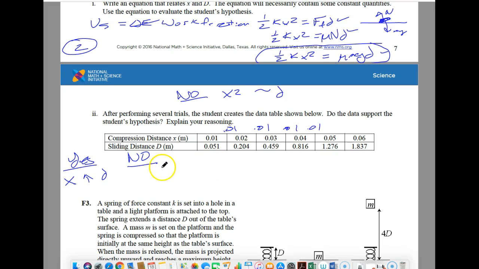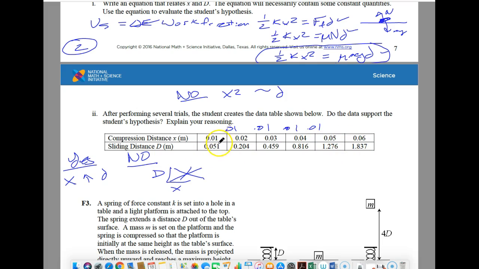So you need to say no. The reasoning is that the graph of your sliding distance versus compression distance is not going to give you a straight line. Instead, it will give you some sort of funky curve here. And then you need to just show that when you divide these out, it will not give you a straight line.